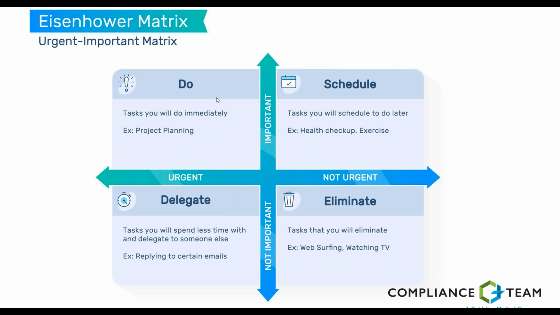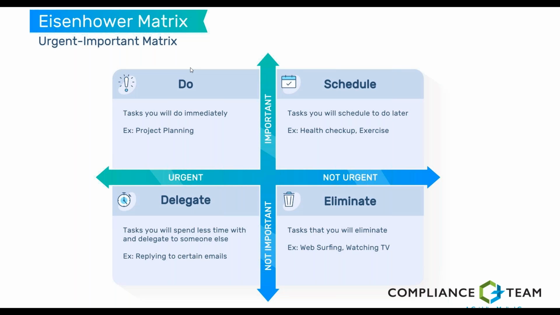In this urgent and important quadrant, that's the do, but really what we want to say is these are the things you do yourself. These are things you do within your organization. These are things that matter to how specifically you get them done yourselves.